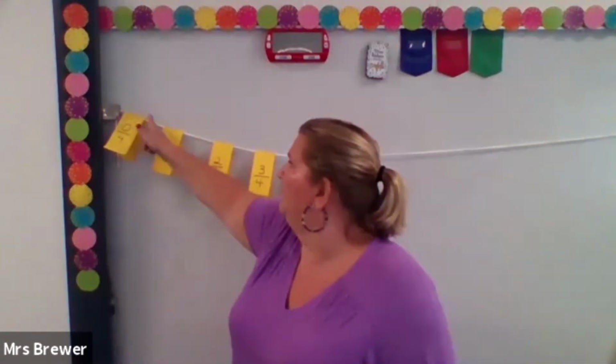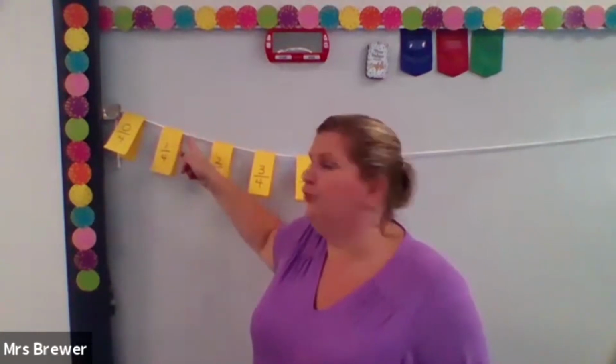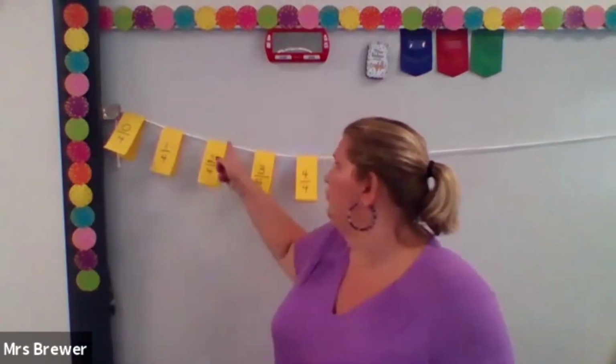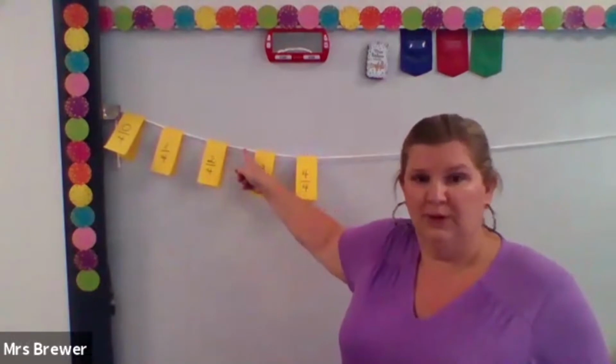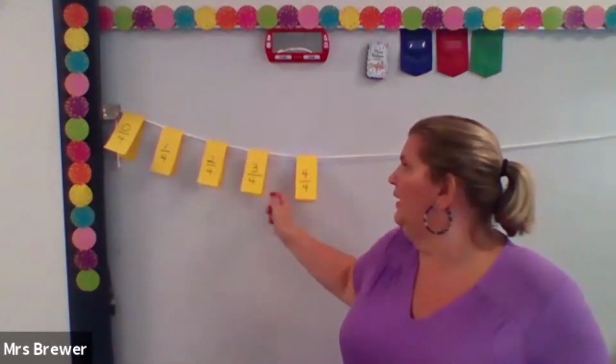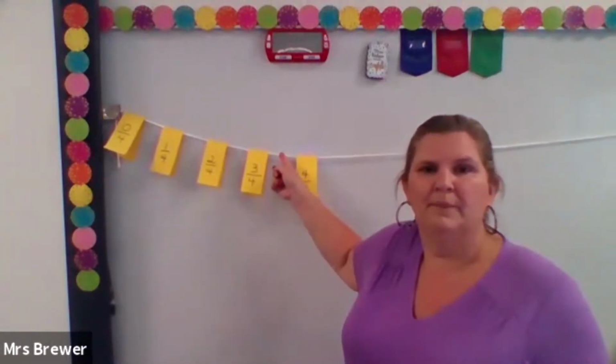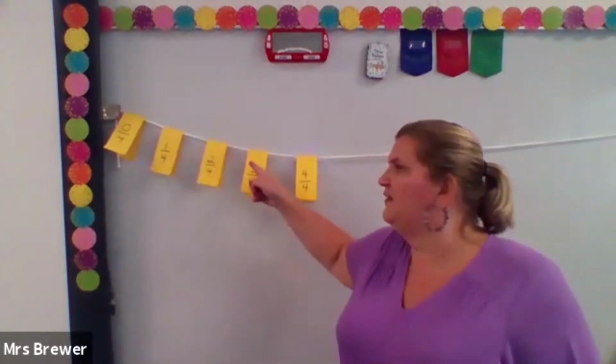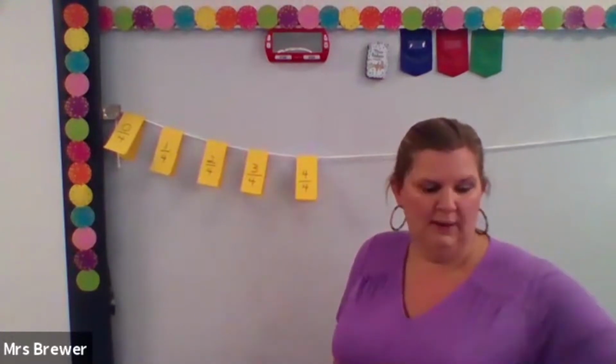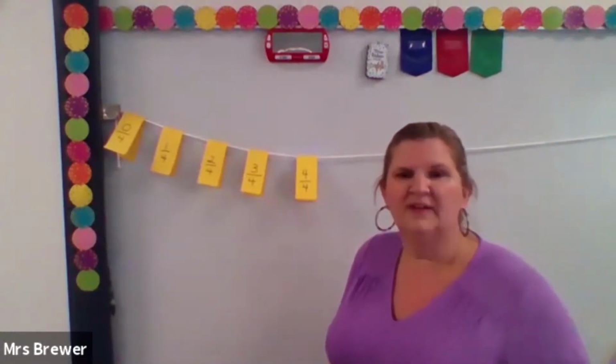This would be what? 1 piece? 2 pieces, right? This would be what? 3 pieces, okay? And then this would be what? You're exactly right. Did we get 4 pieces? You're right. And we know 4 pieces, of course, would be what? 1 whole. You're exactly right. Great job, boys and girls.